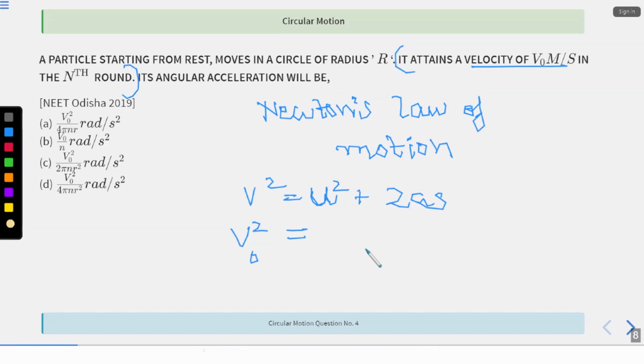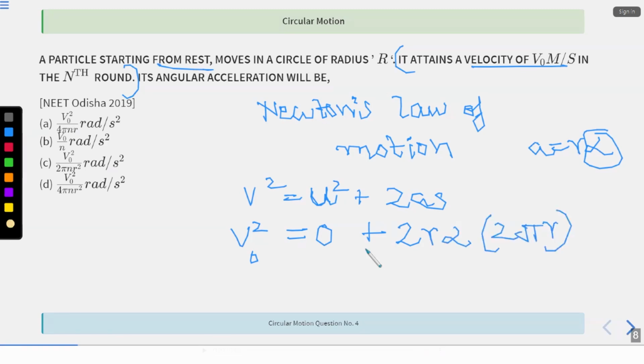That is equal to, initially it's starting from rest, so it'll be 0 over here, and then there are a few things that we'll have to keep in mind. First of all, it is angular acceleration we need to calculate. So I know that a is equal to r alpha, and this alpha is the angular acceleration. So I'll substitute it over here, 2 r alpha into 2 pi r, because it's the circumference, that's the distance, right? Into n, because there are n rounds that are being taken, right?